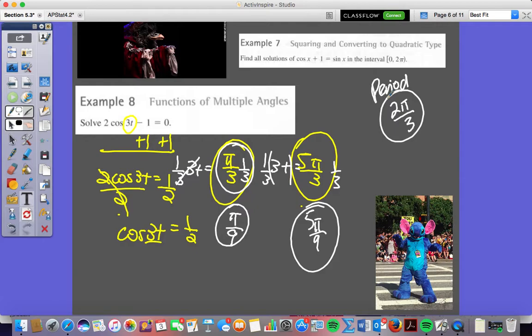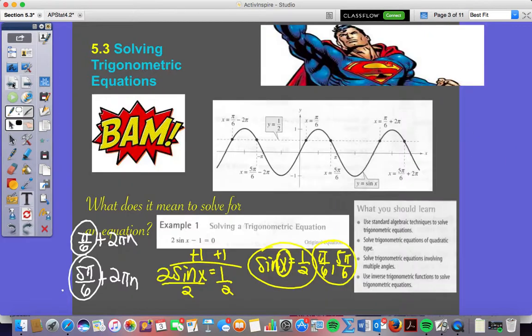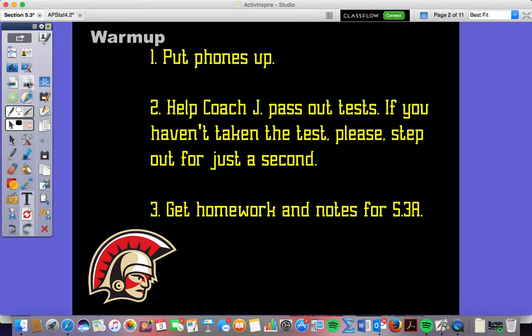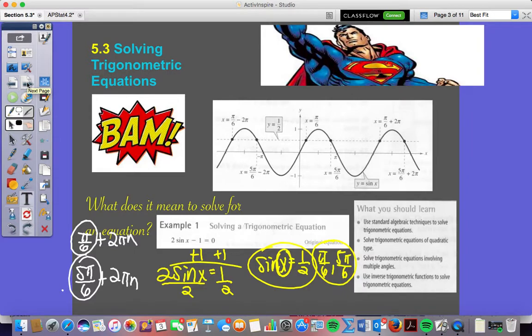Remember that when we graph these, we found the period, meaning the distance it repeats. We found that by doing 2 pi over b. For the ones that we did earlier, back here, we said that with x, right? What was the period of sine of x equals 1/2? That period was 2 pi over b, which was just 2 pi, right?